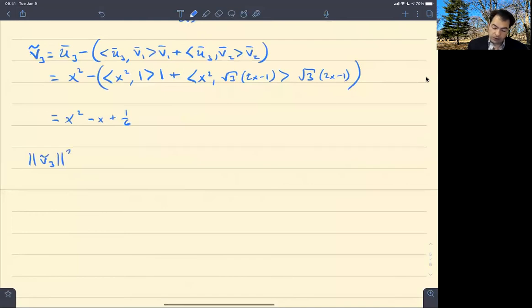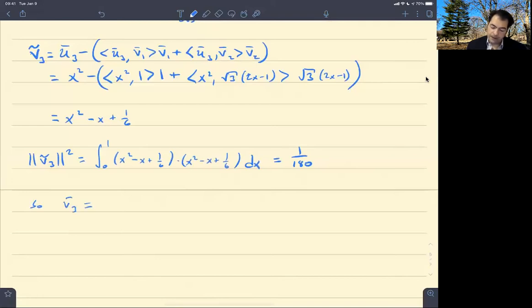Then we want to know the norm of V3 tilde. The norm of V3 tilde squared is the integral from 0 to 1 of x squared minus x plus 1/6 times x squared minus x plus 1/6. If you work that out, you get 1 over 180. So V3 is x squared minus x plus 1/6 divided by the square root of 1 over 180, which is the square root of 180 times x squared minus x plus 1/6.